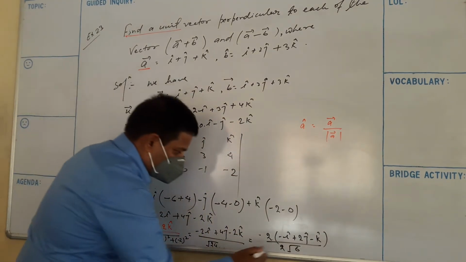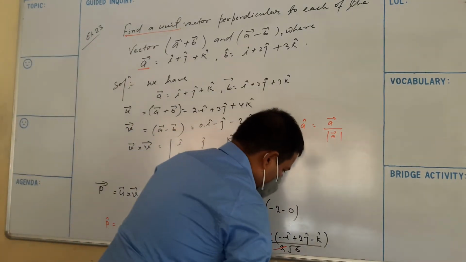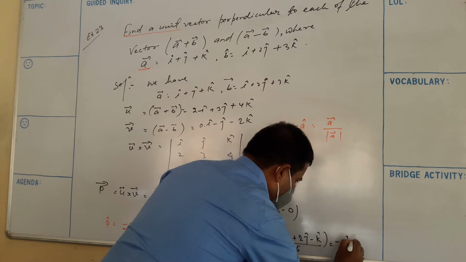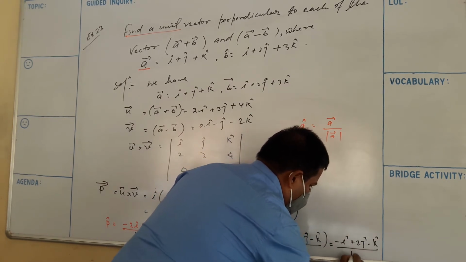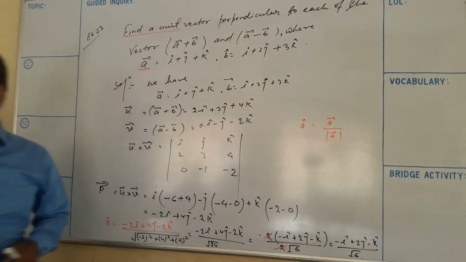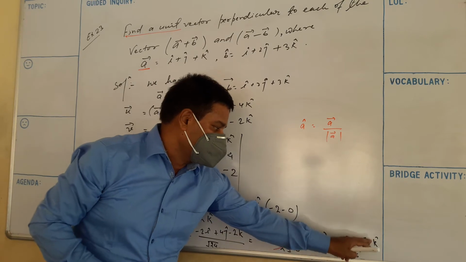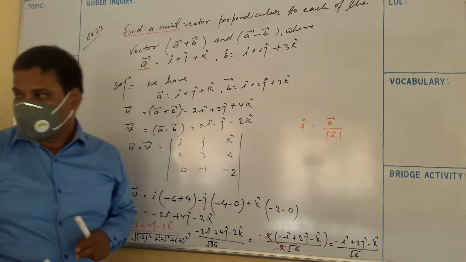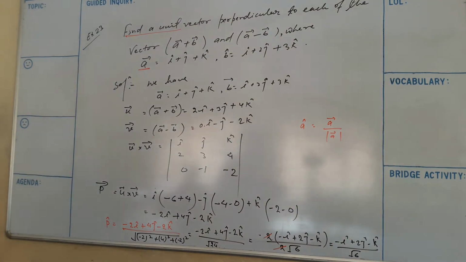The 2s cancel, so this becomes minus i plus 2j minus k divided by root 6. Clear? So you can write minus 1 by root 6, 2 by root 6, minus 1 by root 6 k. This is your unit vector.